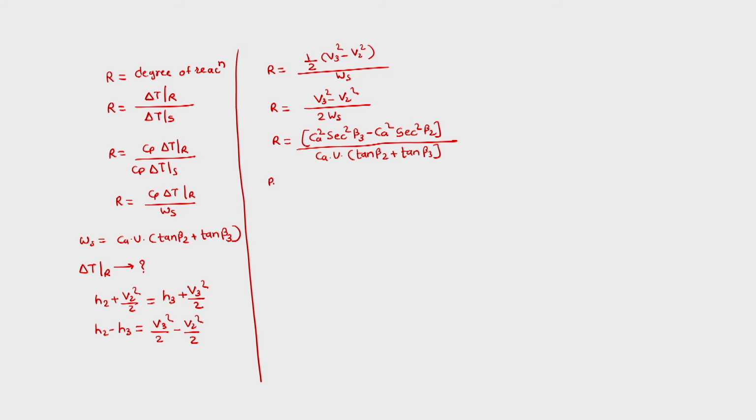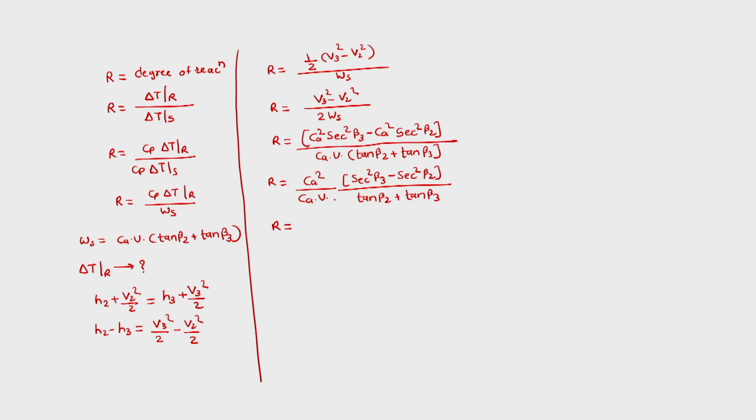So we have R is equal to Ca square upon Ca into U into sec square beta 3 minus sec square beta 2 divided by tan of beta 2 plus tan of beta 3.